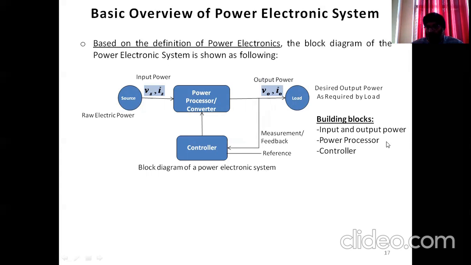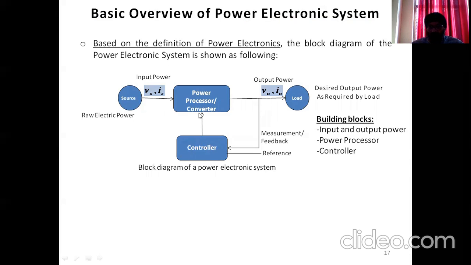Another building block is the power processor, based on the definitions we've seen earlier. It processes the input and gives us the output. What is inside this will be discussed in the power electronic circuits, converters. Another building block is the controller.